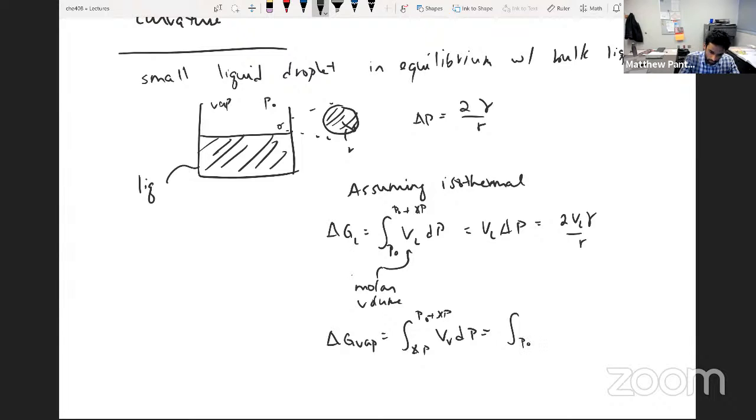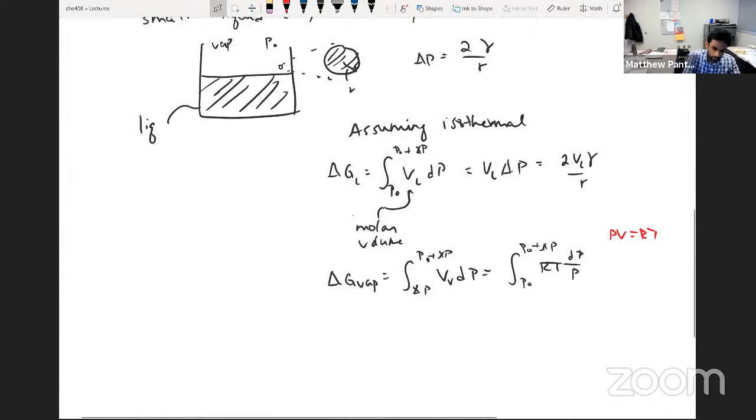And we can assume in this case that the volume of the vapor can be described by the ideal gas law for simplification. So we can say this is RT dP over P. Remember the ideal gas law, when we're using molar volumes, will be PV equals RT. So that's direct substitution there.